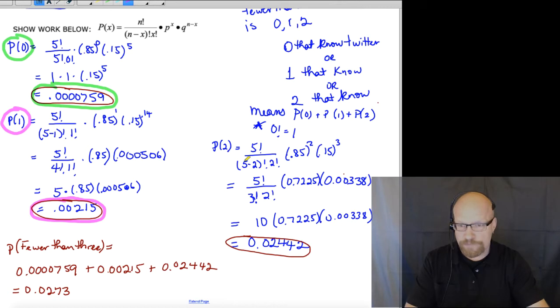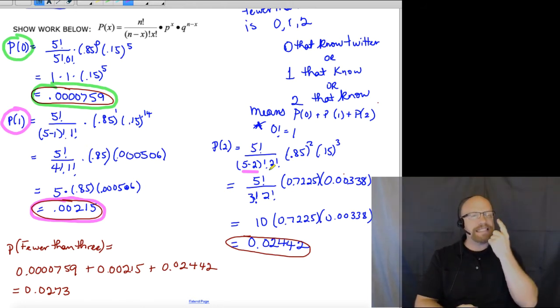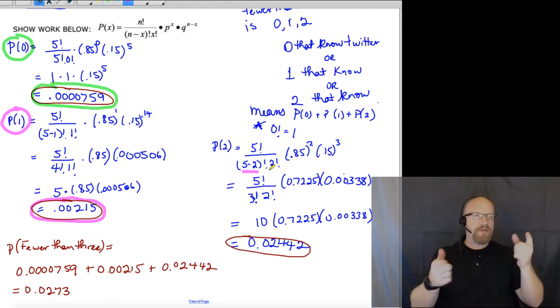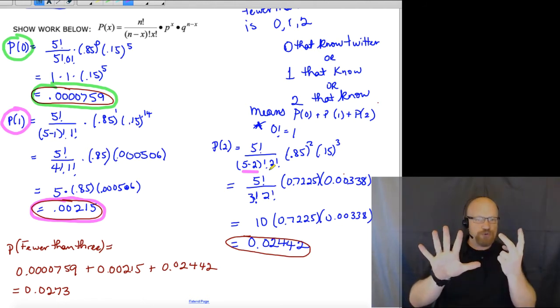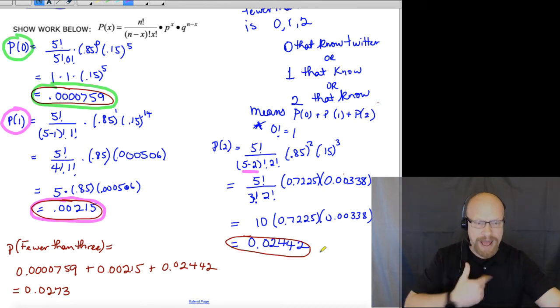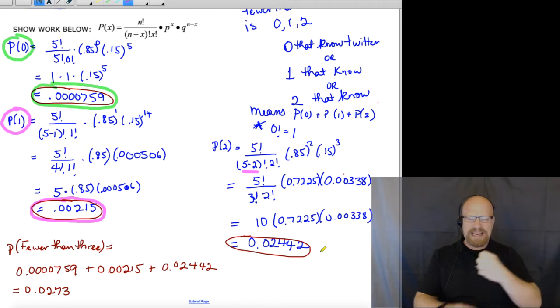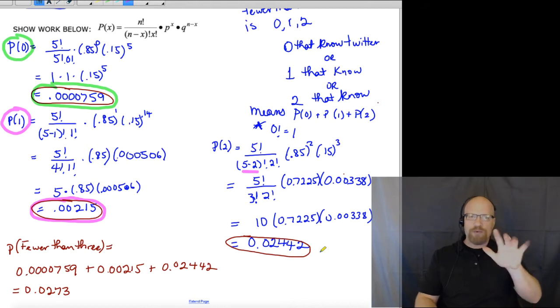Remember, that is how many trials and how many successes I want to know the probability of happening. 5 minus 2, right? So now I have 0.02442. And it makes sense, because the probability of 3 was 0.138. This should be below that.